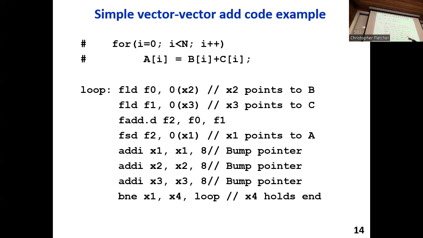So we bump x1, which is the offset into array A, x2, which is the offset into either B or C, and x3, which is the offset into the last remaining array. And then we take a branch, go to the top, and continue.